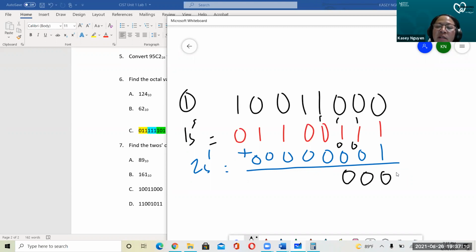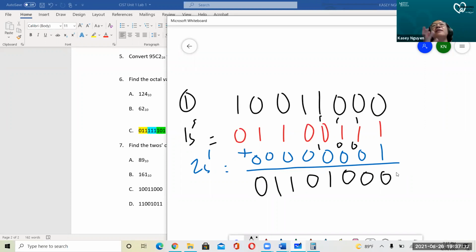A 1 with the 0 is a 1. A 1 with the 0 is a 1. I'm done with the carry at this point. A 0 with the 0 is a 0. A 1 with the 0 is a 1. A 1 with the 0 is a 1 and a 0. So that's my 2's complement.